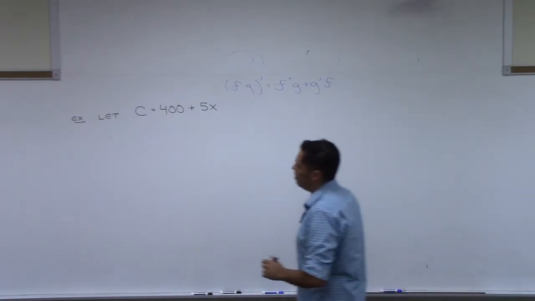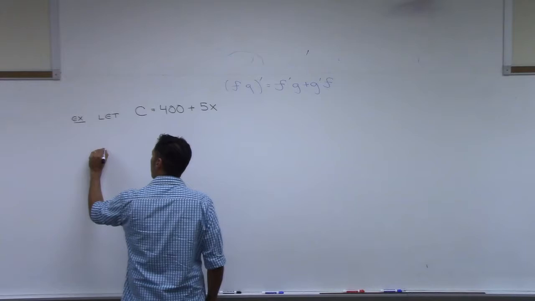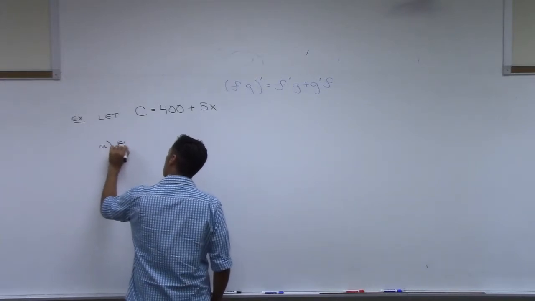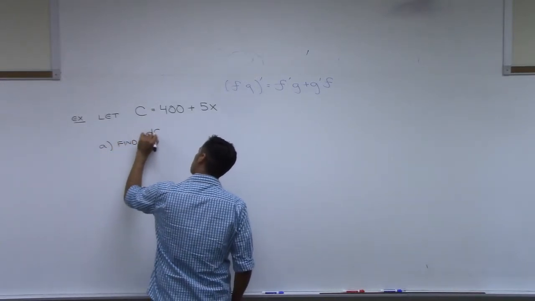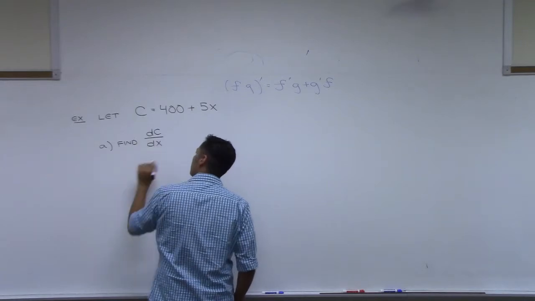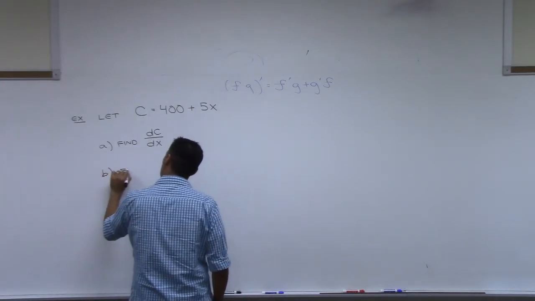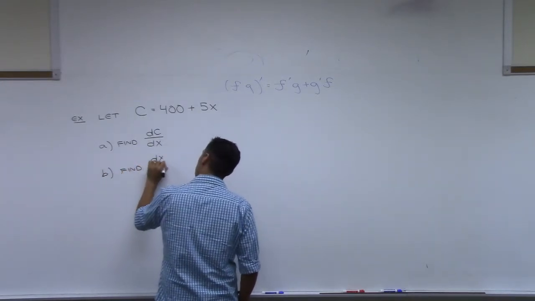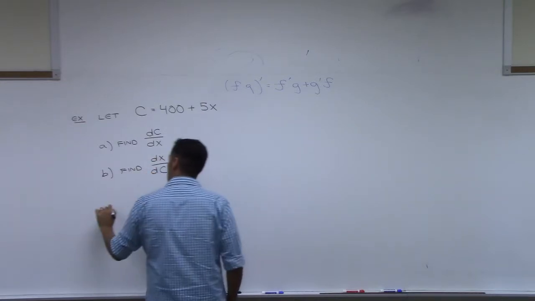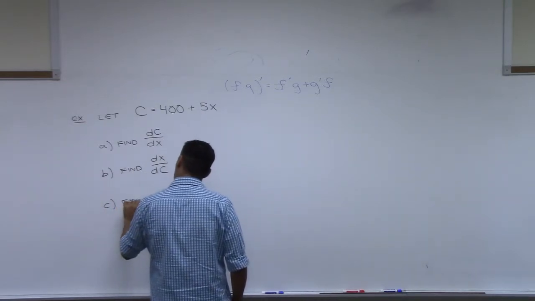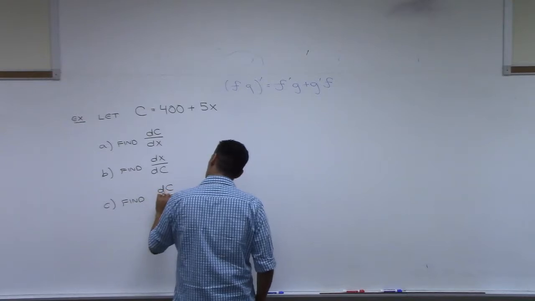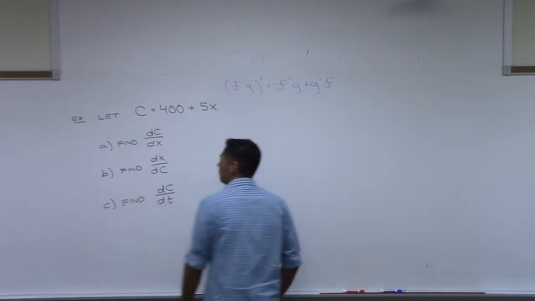I would like us to find the following. Part A, find dC/dx. Part B, find dx/dC. And then part C, find dC/dt.